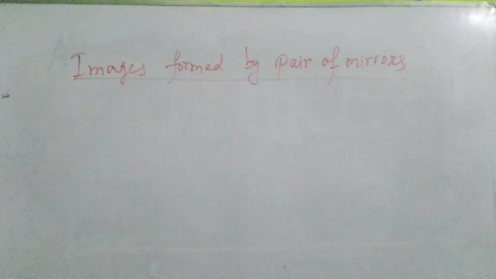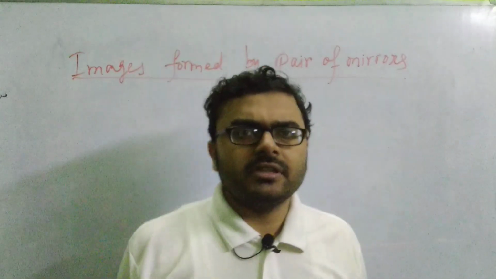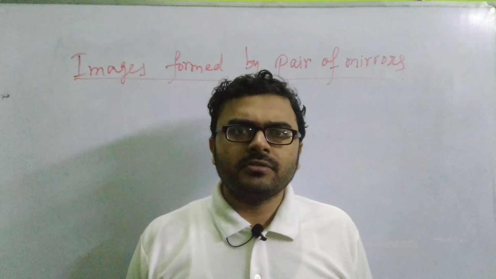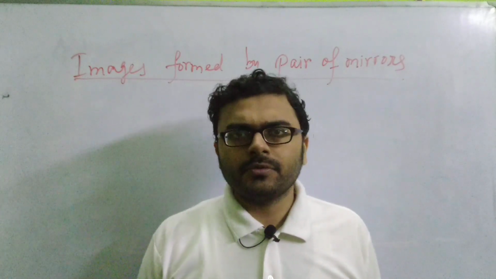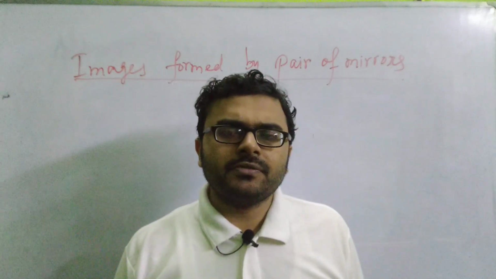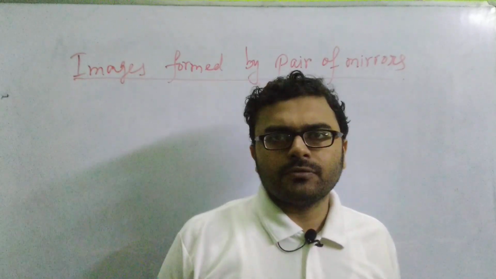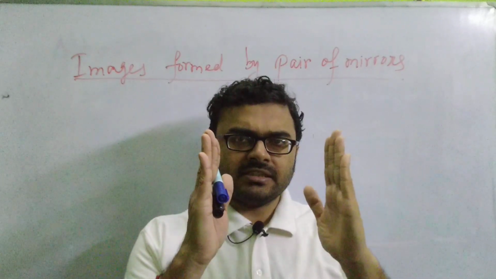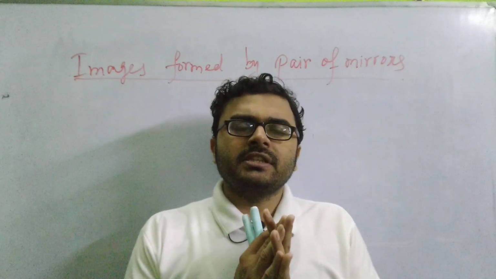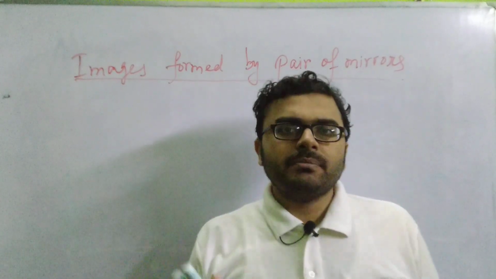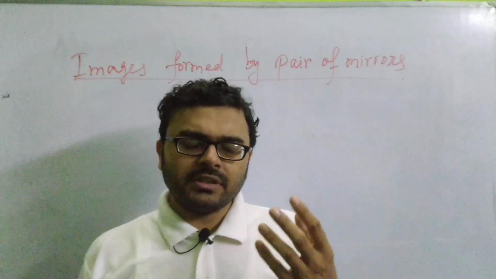Now, before going into details, let me talk of a practical example. I think many of you have gone to a salon or barber shop. In the salon, there are two mirrors, one in front of you and another at the back of you, and those mirrors are parallel to each other. Why are these two mirrors kept? You cannot see the back side of your hair in the front mirror.